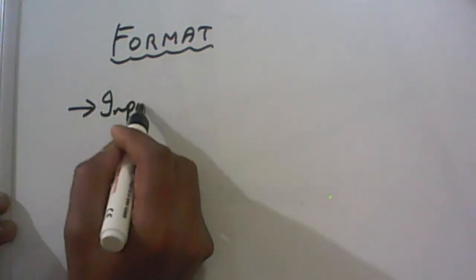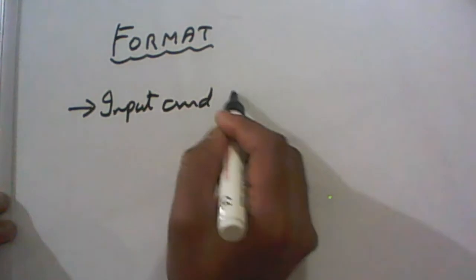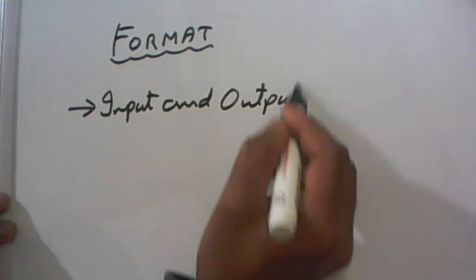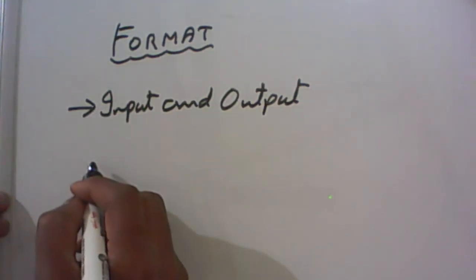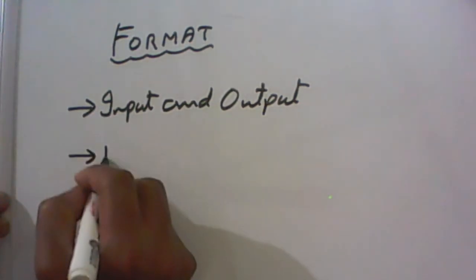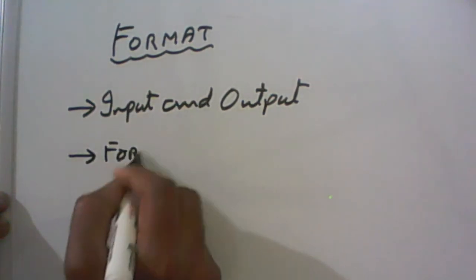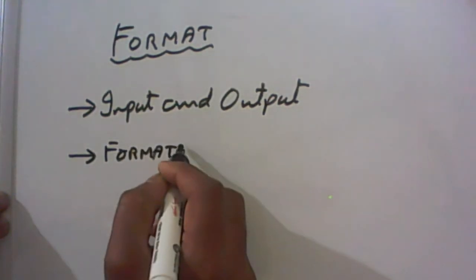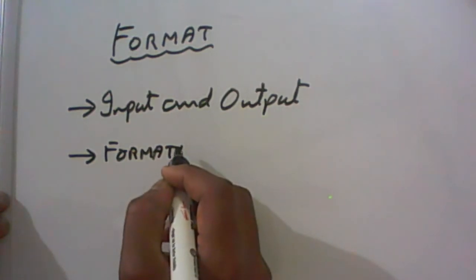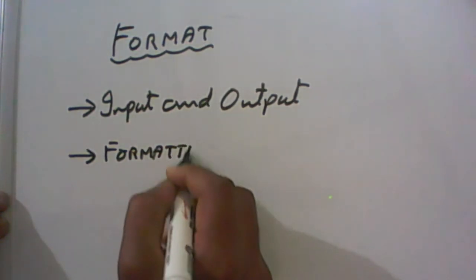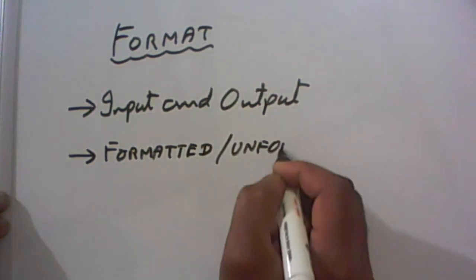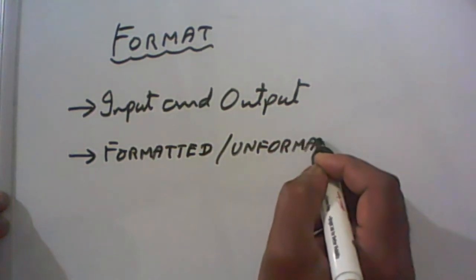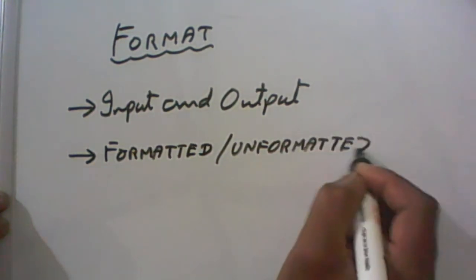Now, about the input and output statements, as I discussed, they can be either formatted or unformatted. So what do we mean by formatted and unformatted?